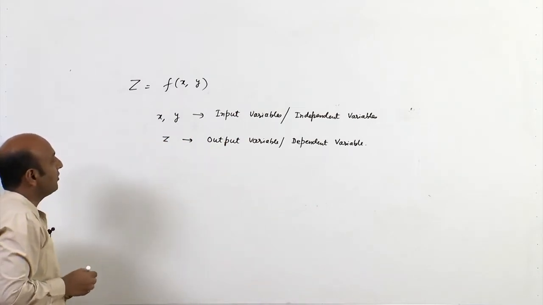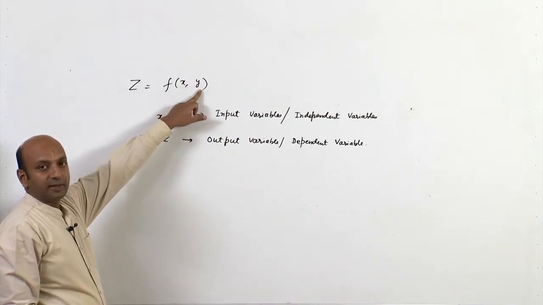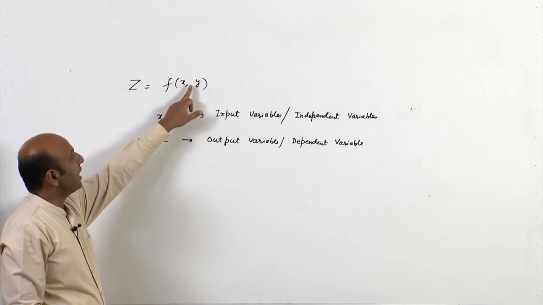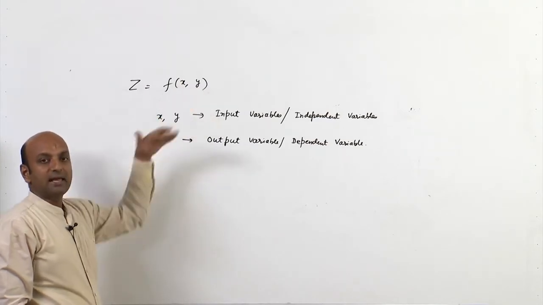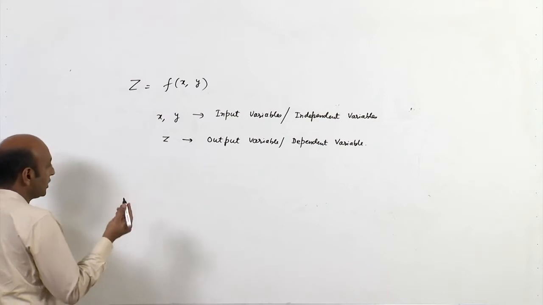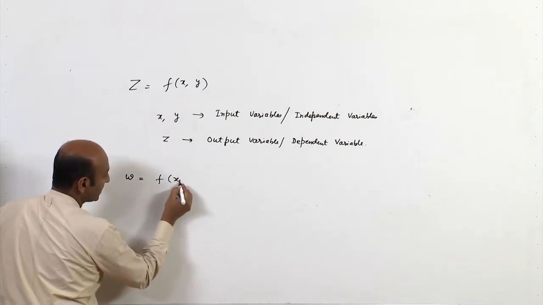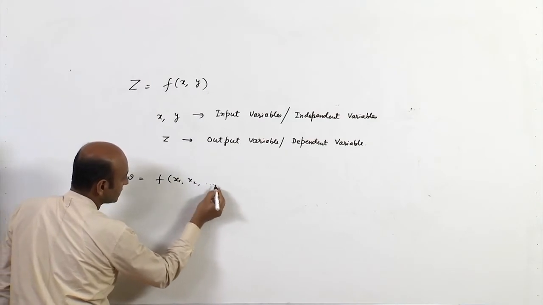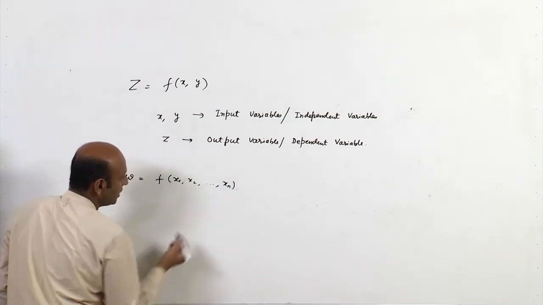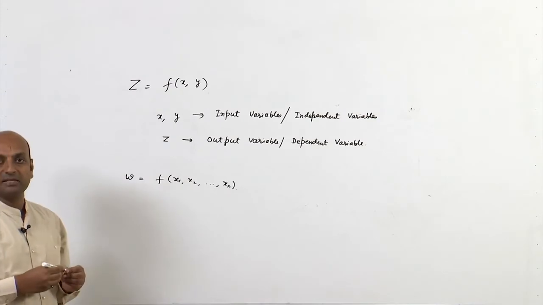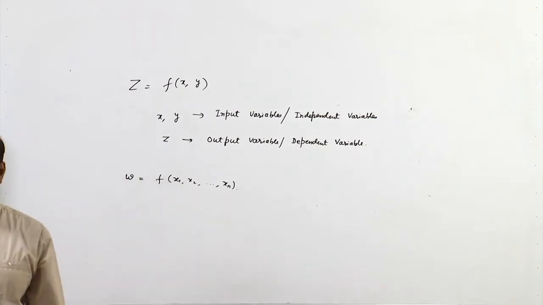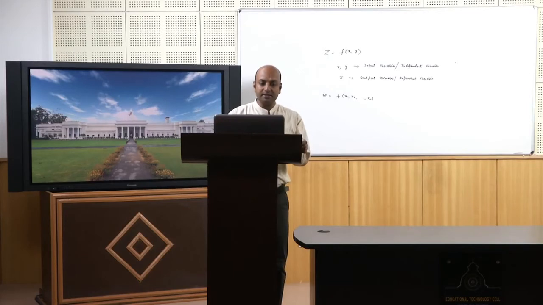Now, here we are having only two variables x and y. Similarly, we may have more than two variables, say n number of variables. So, we can also define w equals f(x1, x2, up to xn). This is a function of n variables. In the next slide we have the function of n variables.